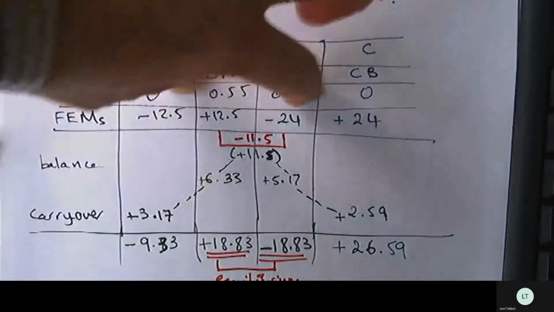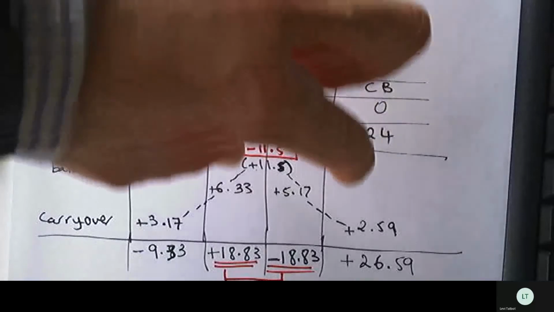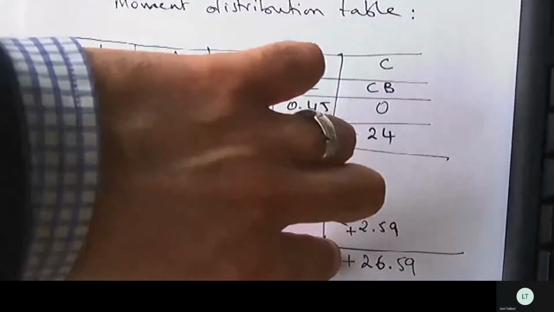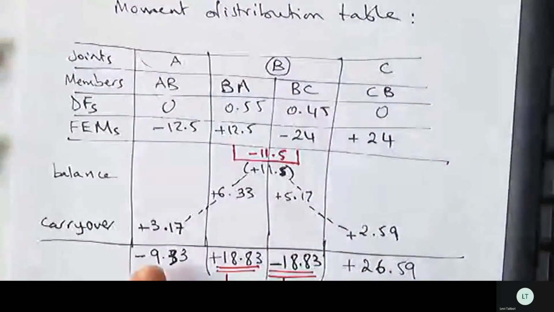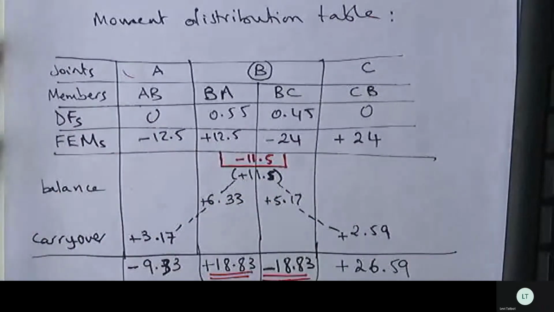So the distribution factors, as you can see, by defining the distribution factors, we have managed to get the out of balance moment here balanced, right? And each beam has taken a proportion of that moment, which now we have got the joint at B perfectly balanced.